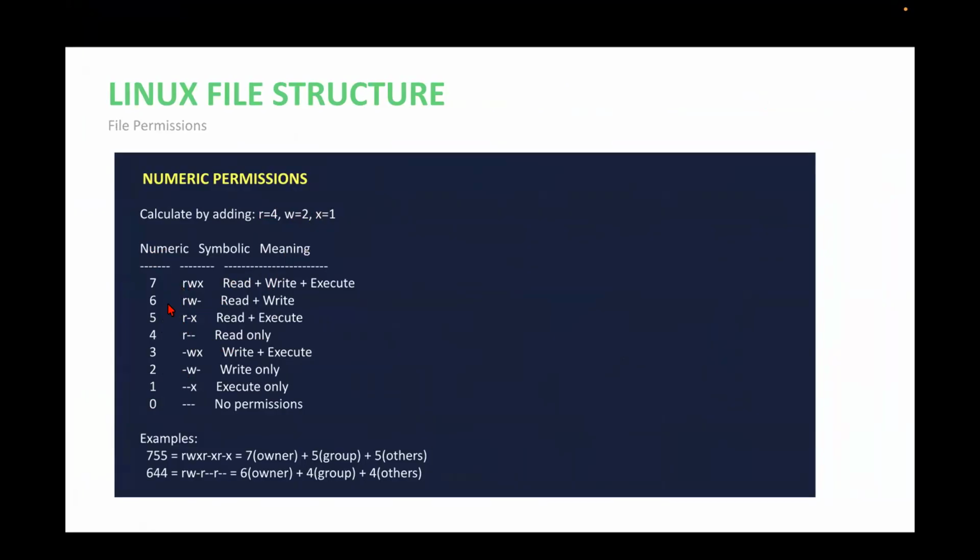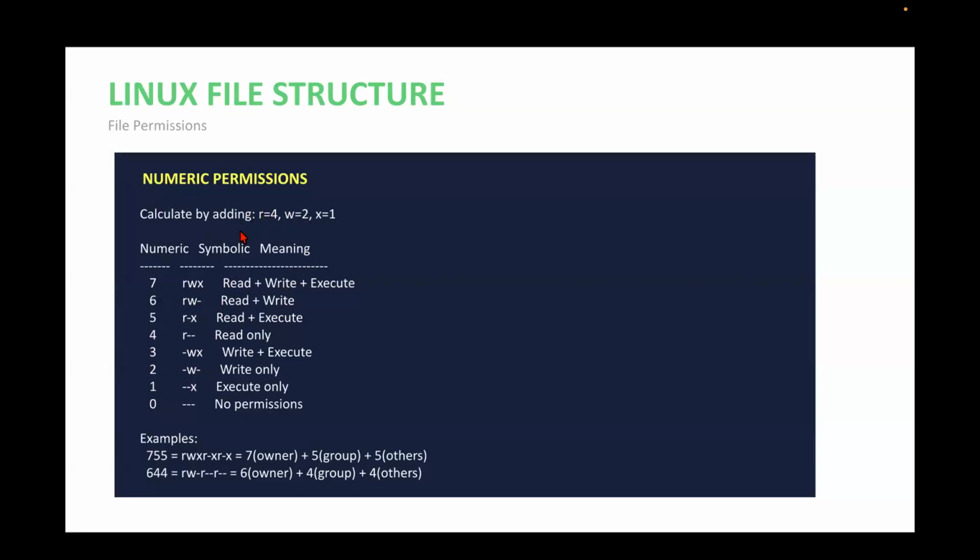In the case of 6 here, we have read and write, where read is 4 and write is 2, and then you have the dash, which means the person has no execute permission. That means the person you'd be giving this permission to is only going to have read and write permissions.